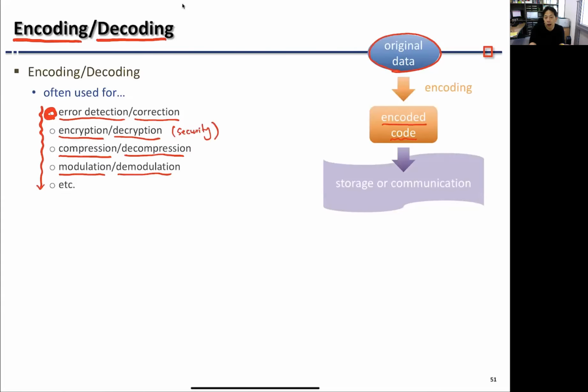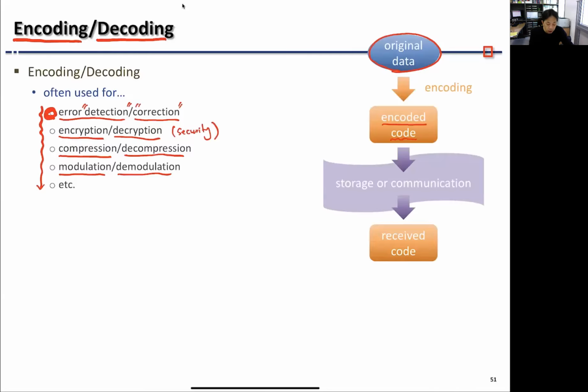You might have dropped your hard disk, you might have put a magnet near your disk, or there could be some software bug or some glitch in the power. There could be errors, and we want our stored data or our communication to be error resilient. Even if we have some errors, we want to detect and correct them. So error detection and correction. For this purpose, we want to encode data.